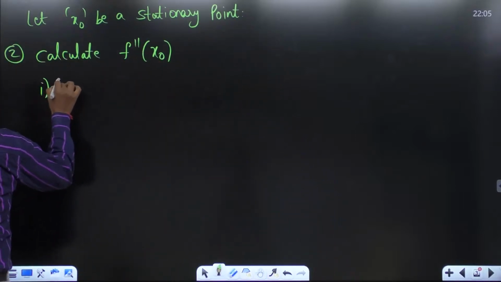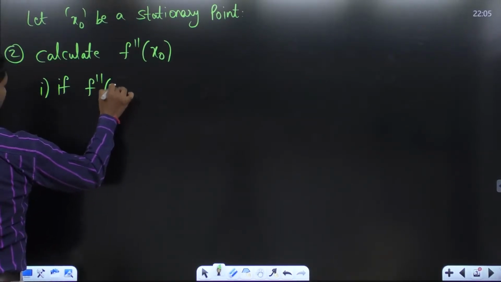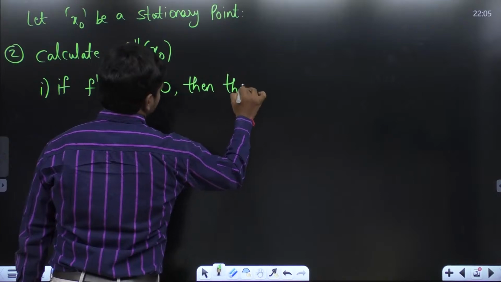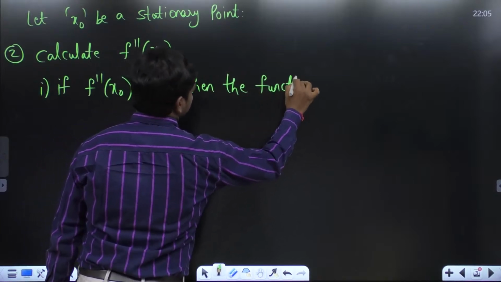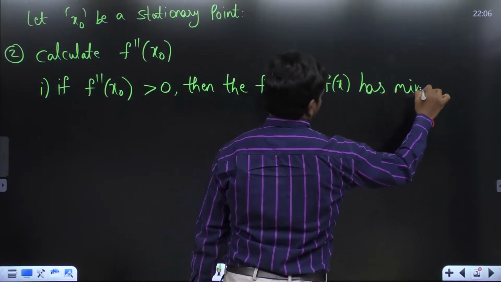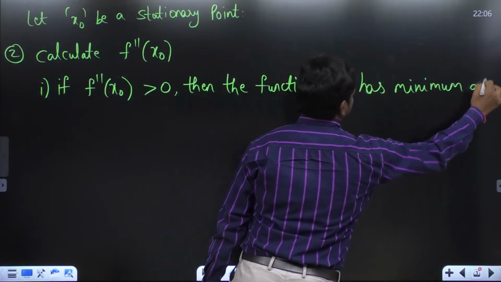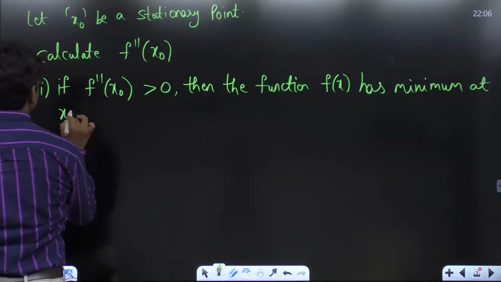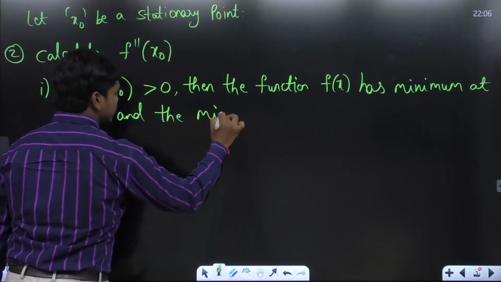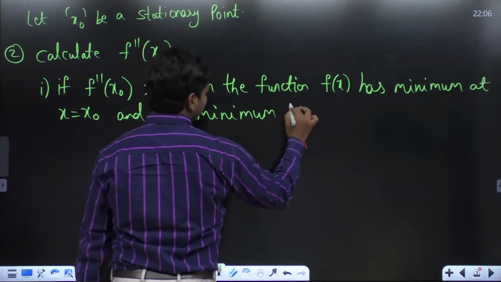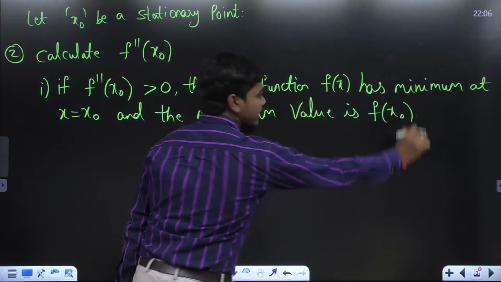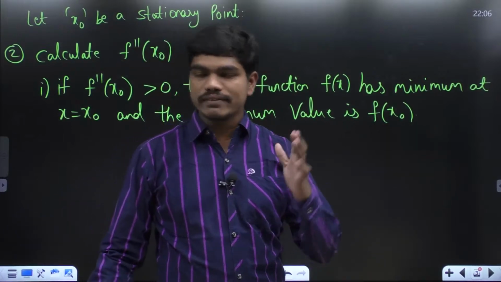First step, if f double dash of x naught is greater than 0, then the function f of x has minimum at x is equal to x naught, and the minimum value is f of x naught.